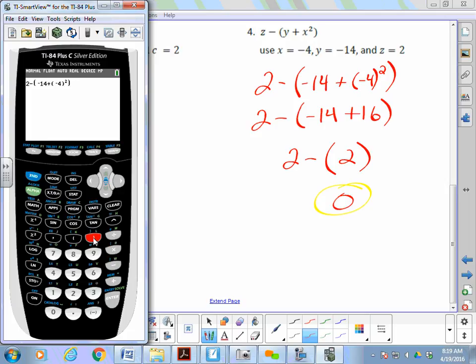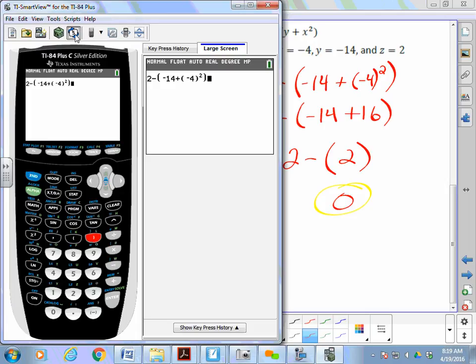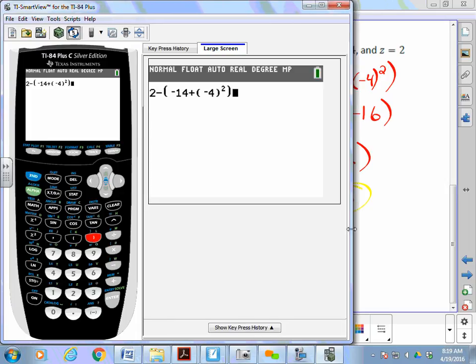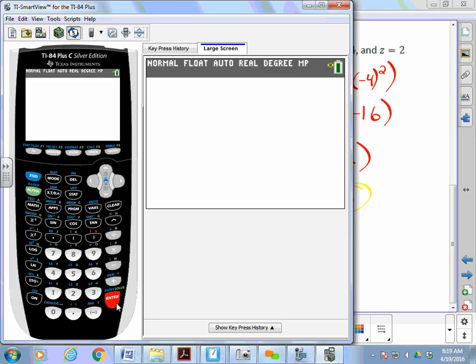Now, if you want, you can use brackets too to help you. That's all it is. As long as you set everything up right, I can type one statement into the calculator and it should come out the same as what I get.